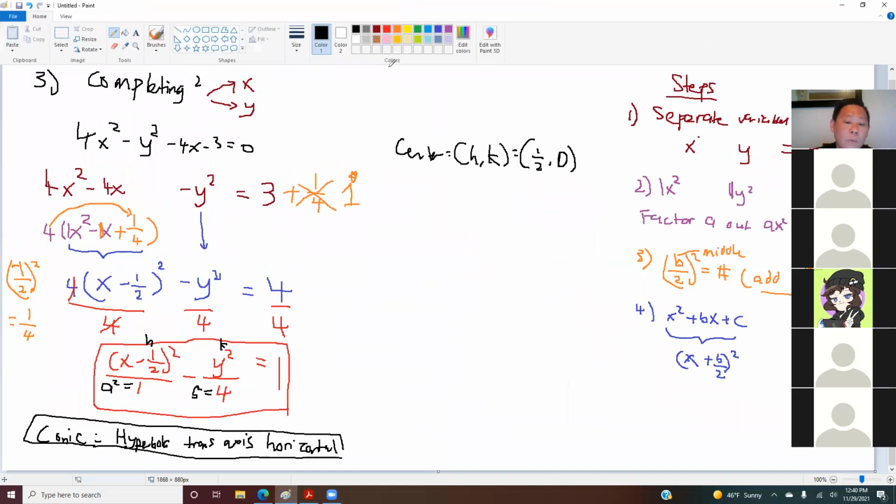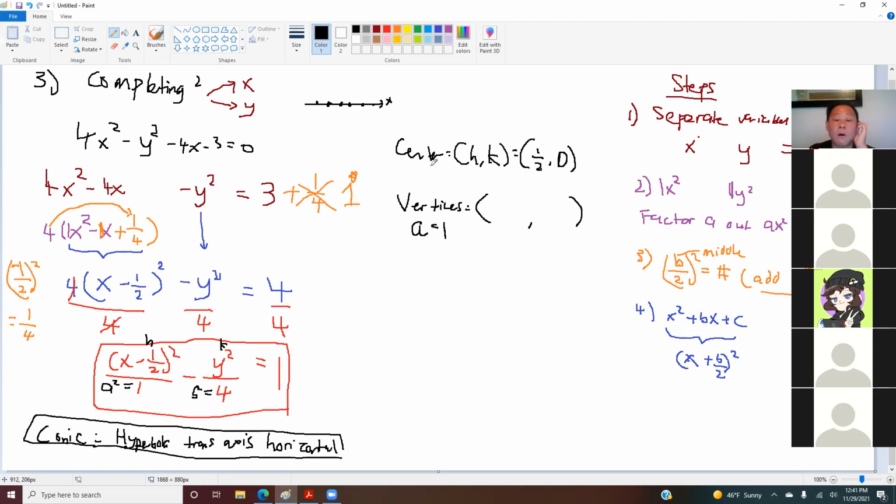So can someone tell me what is your vertex here? Vertices. Is a vertices using a, b, or c? A. Okay. So can someone tell me what is a in this case? Since a squared is 1, so a is 1. Right? So how do you figure out what your vertices are in this case? Because it is horizontal. Horizontal means that all your points are on the x-axis.